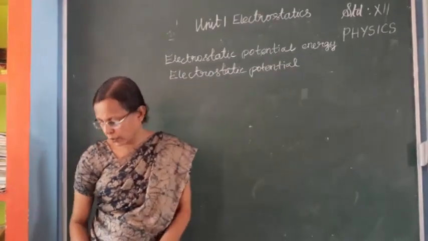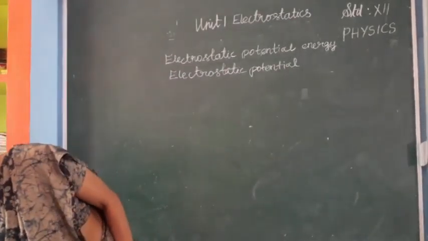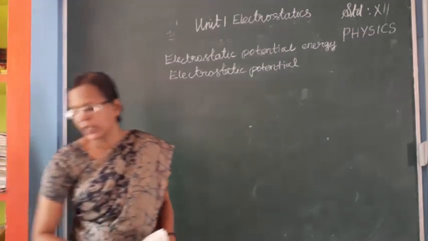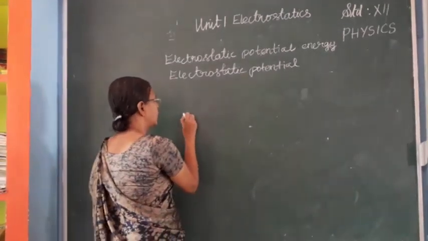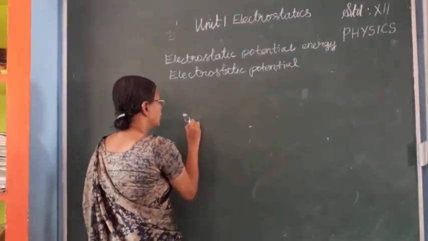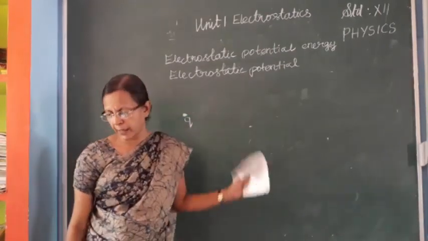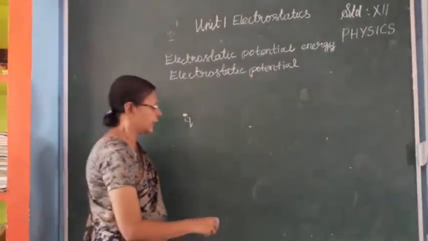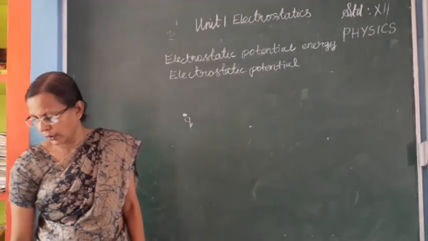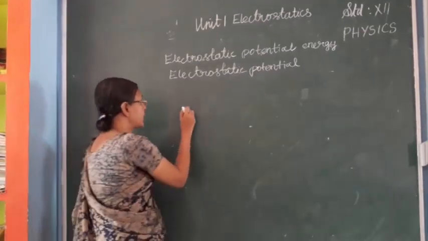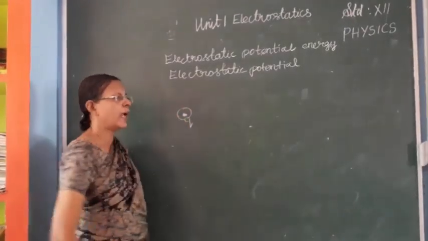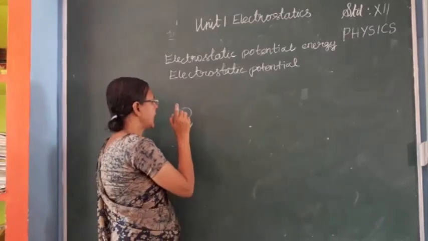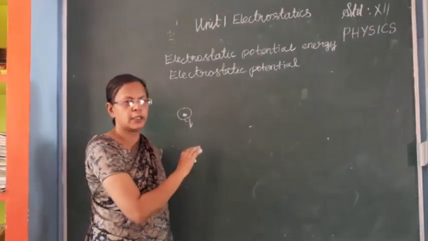In electrostatic potential and electrostatic potential energy, we consider a point charge, a positive charge Q. We fix it at the origin, the point center.